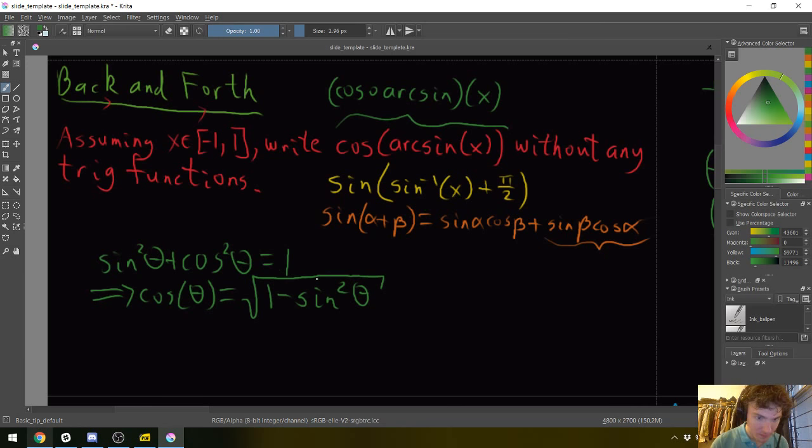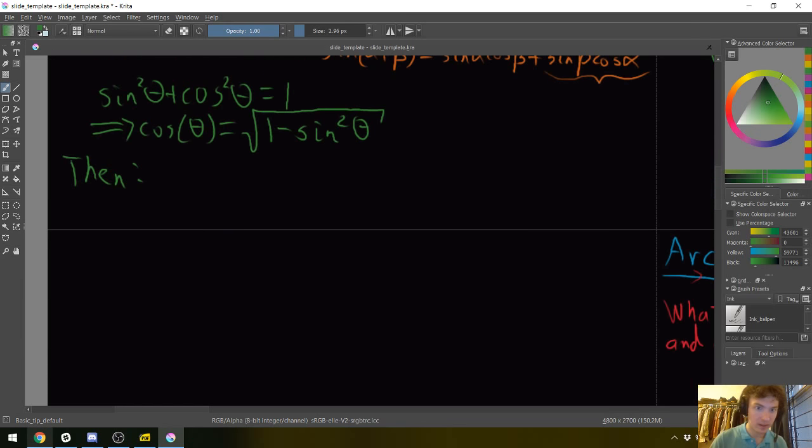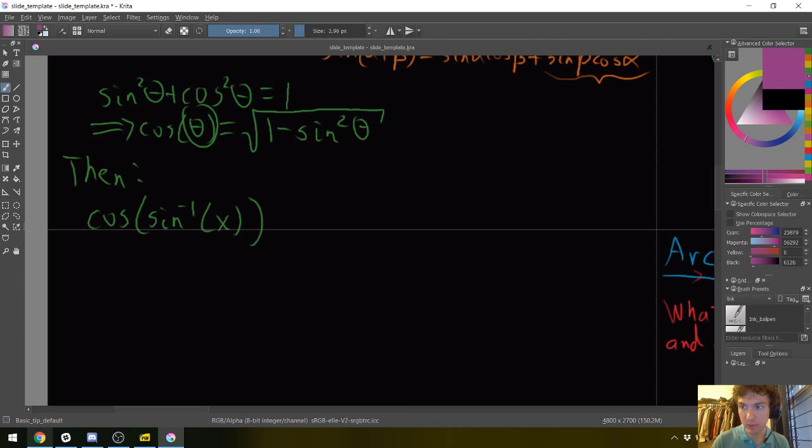Now, how does this help us? Well, then I'm just going to rewrite what we had in terms of sine. So the original thing we wanted to compute was cosine of sine inverse of x. And now we know for any theta, cosine of theta is the same as square root of 1 minus sine squared theta.